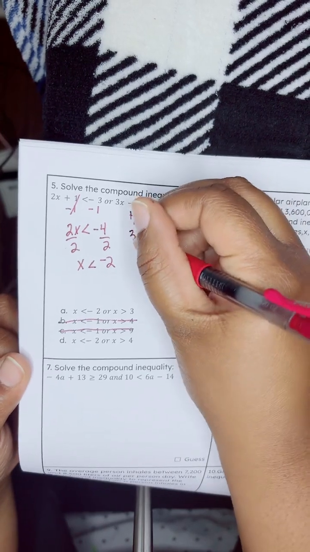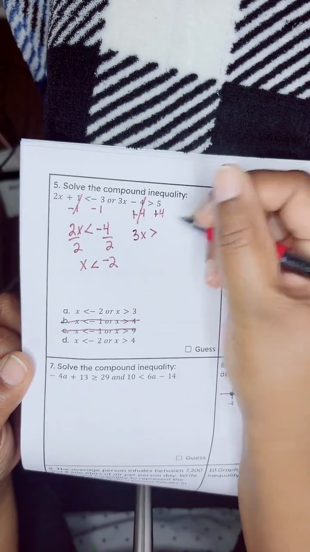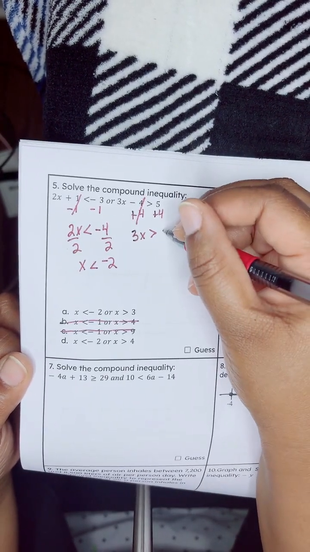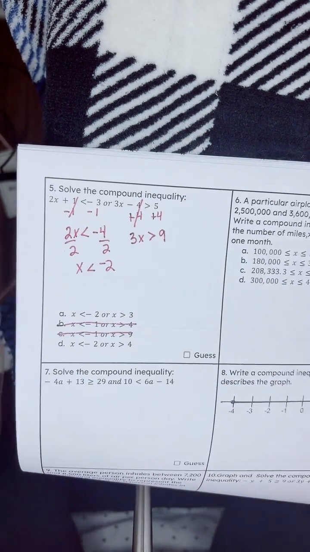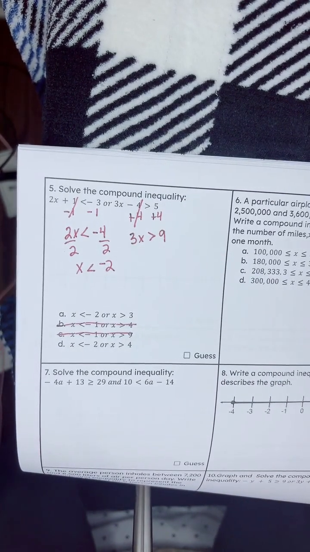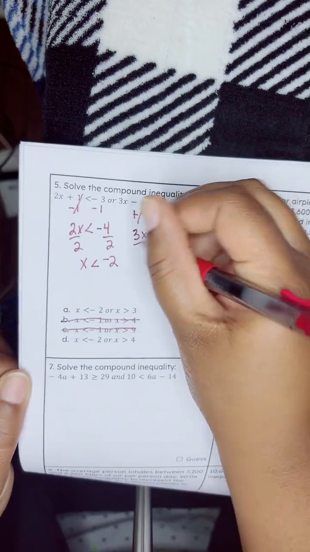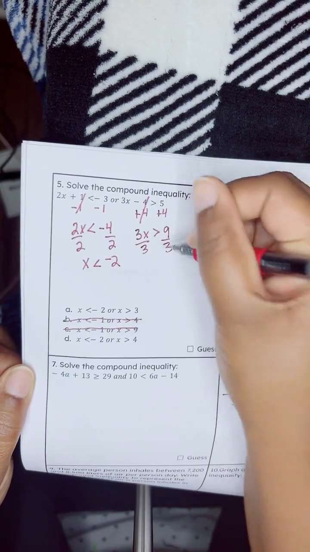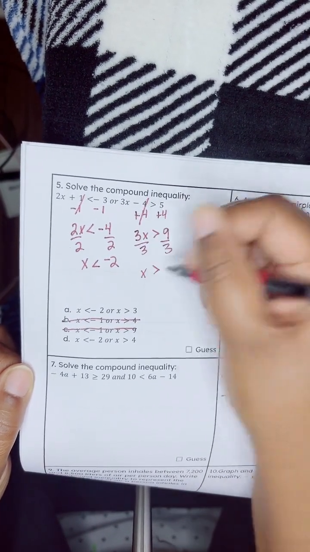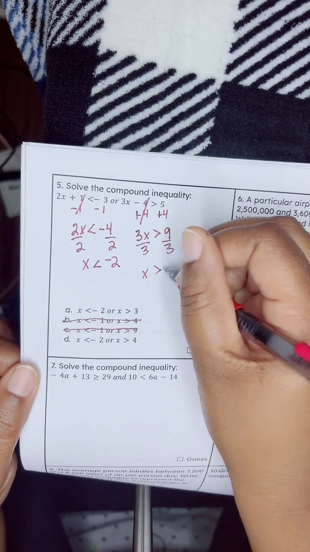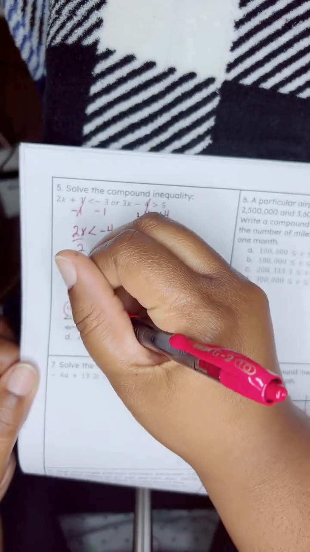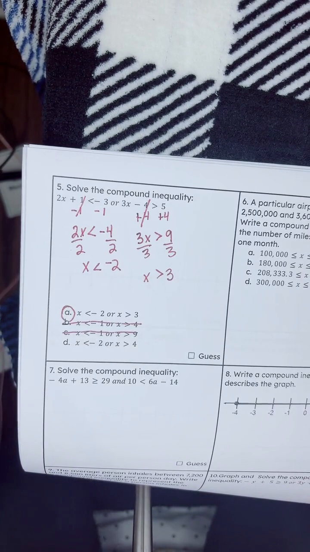This cancels, and we get 3x is greater than 5 plus 4, which is 9. All right. How do we get x by itself? If you're saying divide, beautiful. X is greater than 3. So A is our answer.